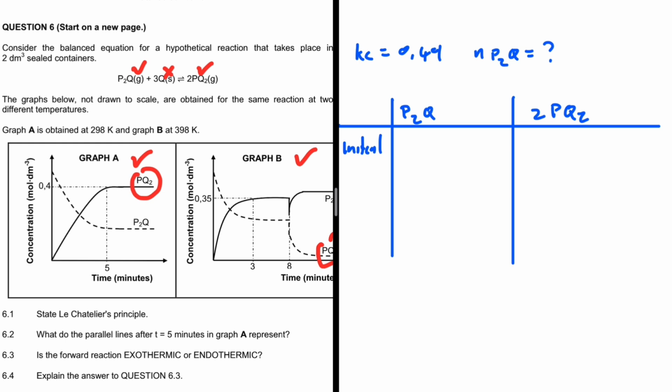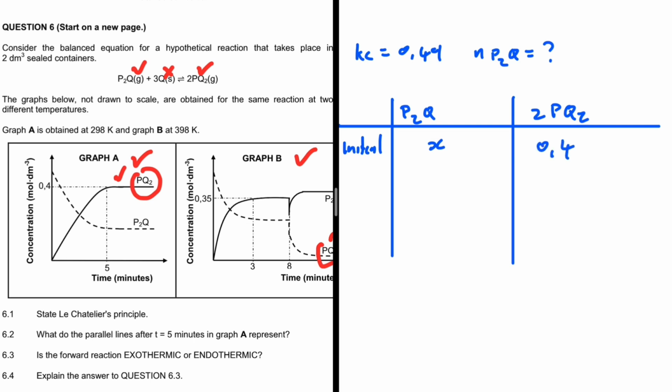So P2Q, what is the concentration at equilibrium? P2Q, it is not given to us. Okay, so we can put X there, and then the concentration of PQ2 at 298, our initial temperature, it's 0.4 moles per decimeter cube. So here we have 0.4.